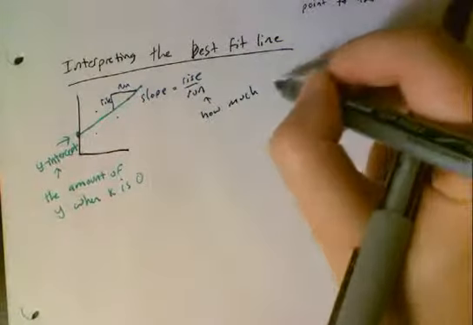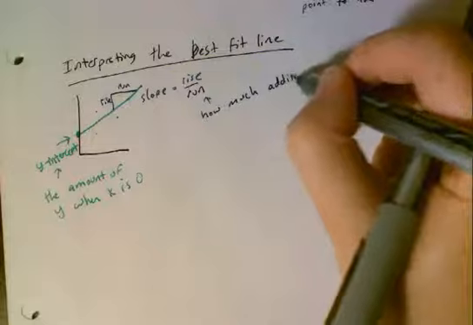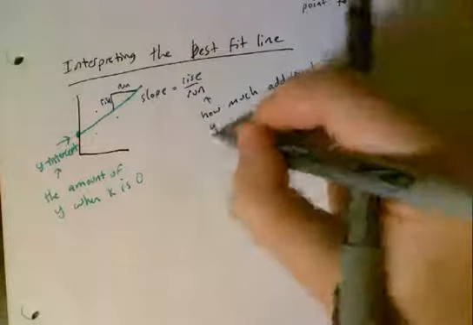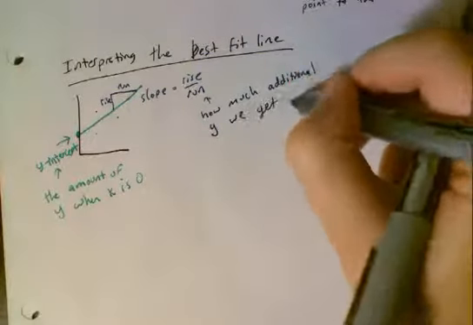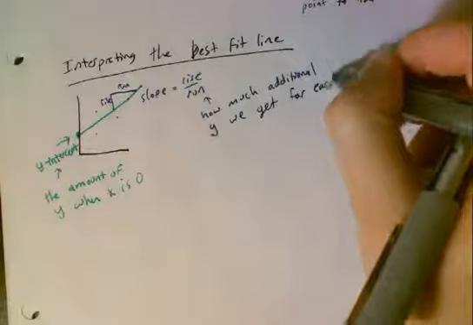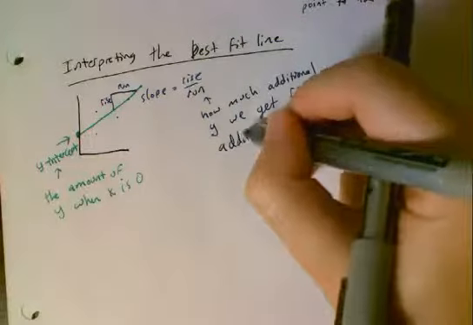The slope tells us how much additional y we get for each additional x.